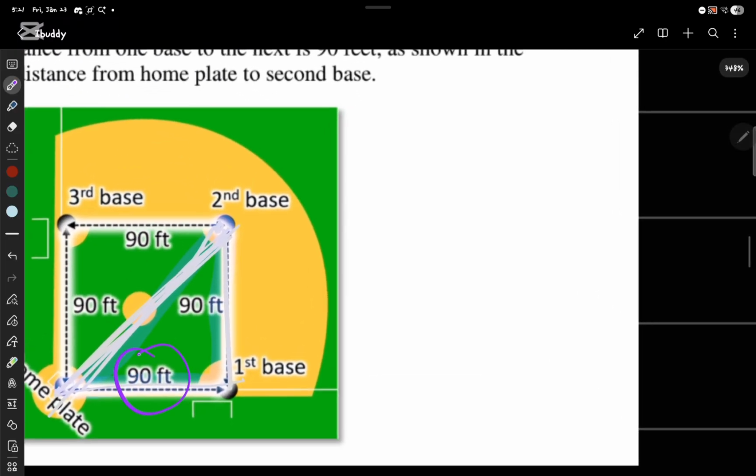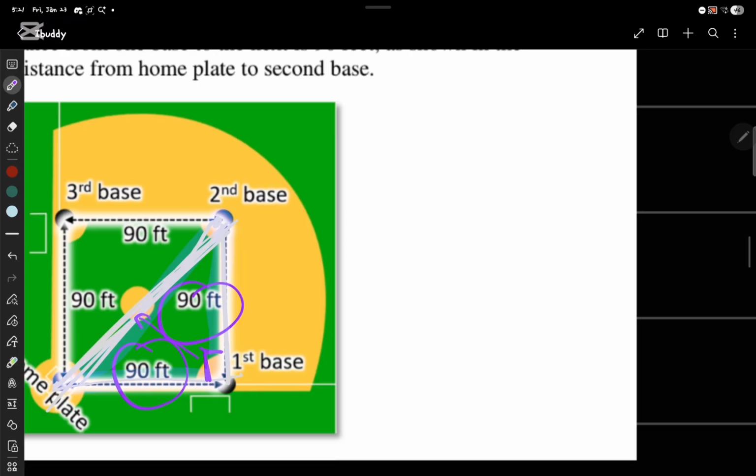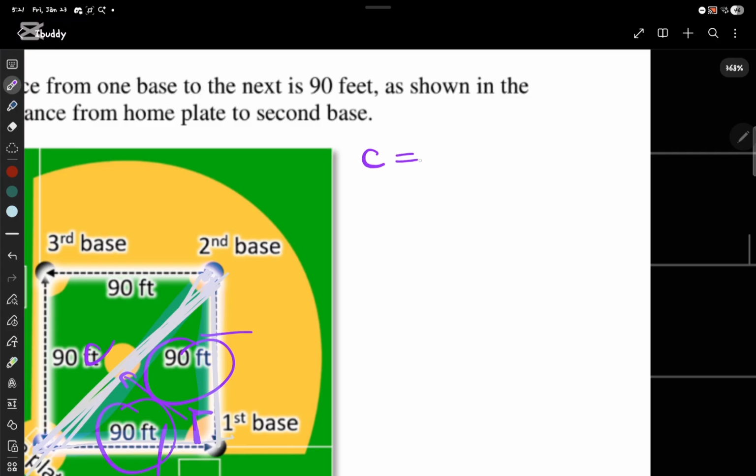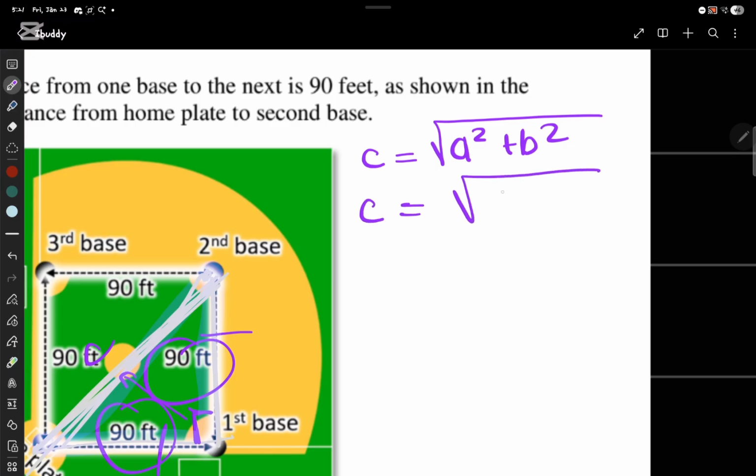You have 90 and 90 as the two legs. This is a right angle here. So the side opposite to it is the hypotenuse. We'll say C. So you're trying to find C. And you have A and B there, 90 feet. Okay. So again, the formula, C equals square root of A squared plus B squared. So C, you just plug in the values straight away.